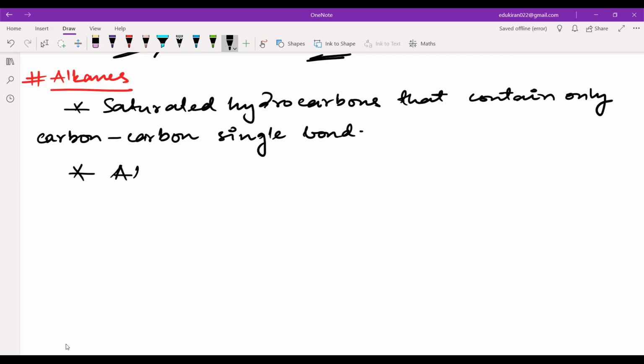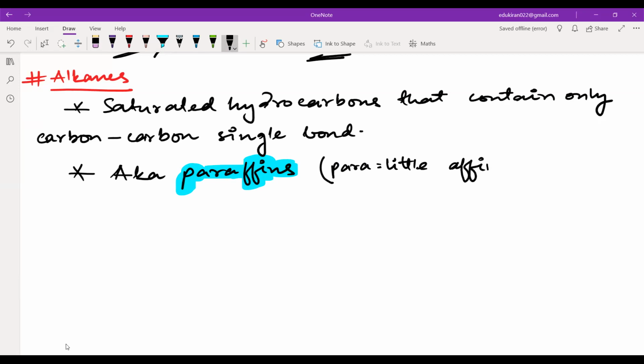These are also known as paraffins. Para means little, and affins is derived from affinity. That means alkanes are not very reactive. They don't have affinity towards any other element or any other atom or molecule.